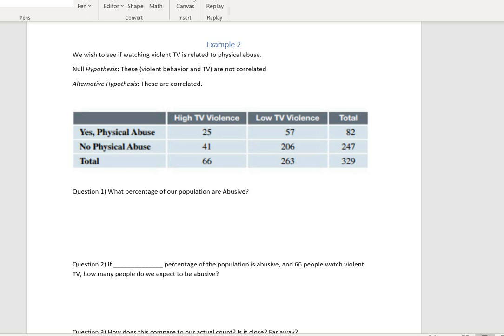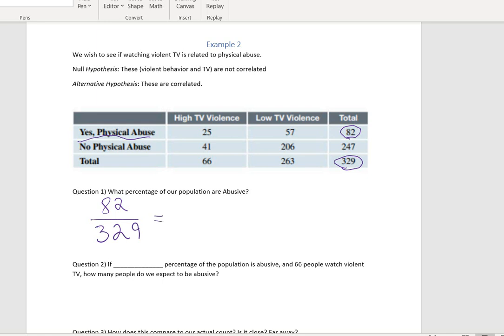abusive? So if I look at people that are physically abusive, which would be this right here, so if I look at this row of physically abusive people, I have 82 people that are physically abusive, out of how many people did I look at total? I looked at 329.